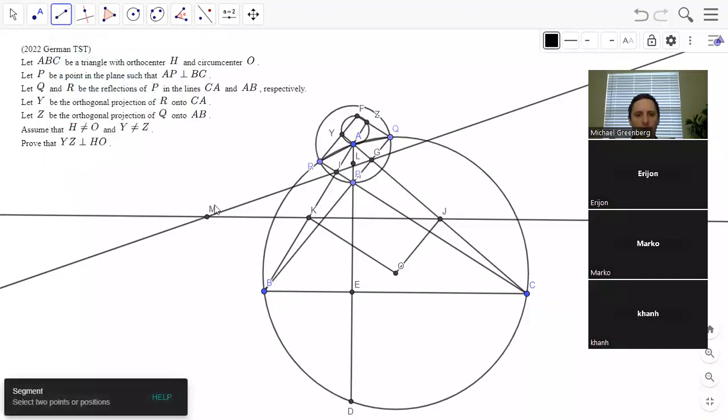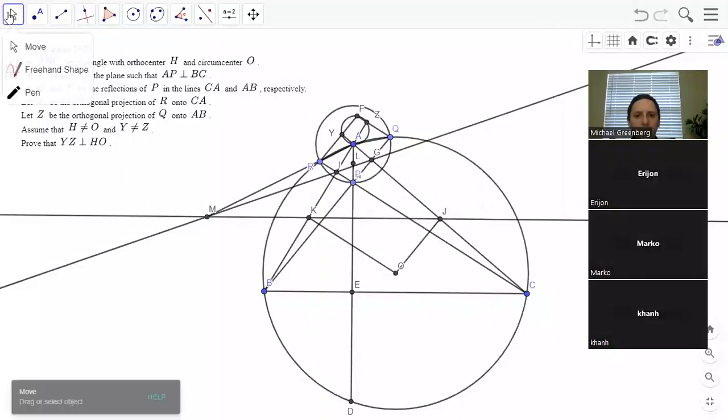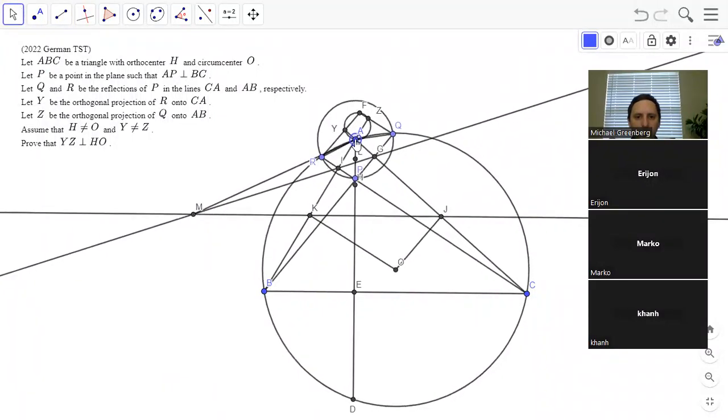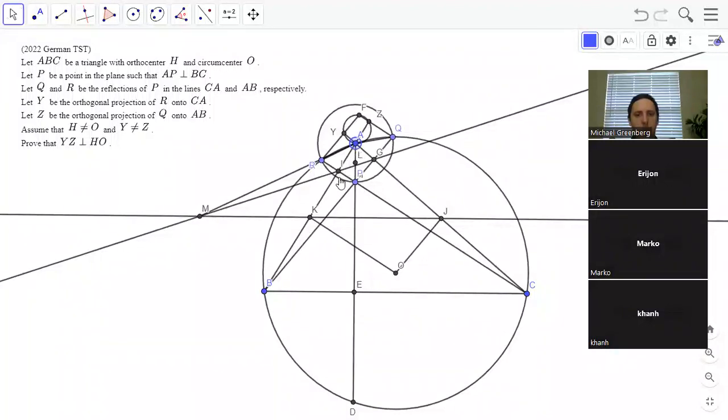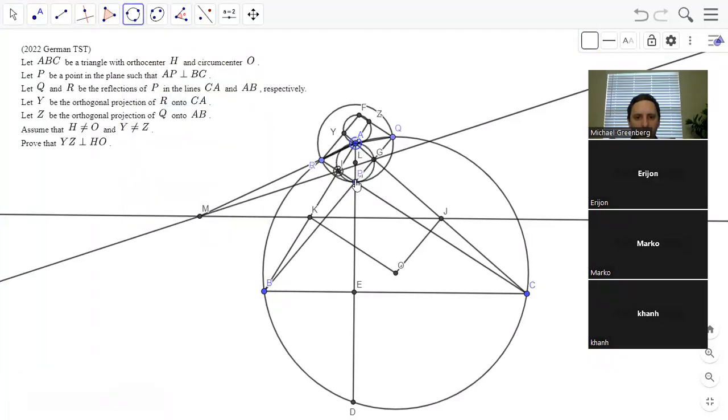Oh, really? Yeah. You can prove that that line is the radical axis of the circles with diameters AH and AO. Okay, so basically this circle and this circle. Oh, because both pass through that perpendicular. Okay, that makes sense.